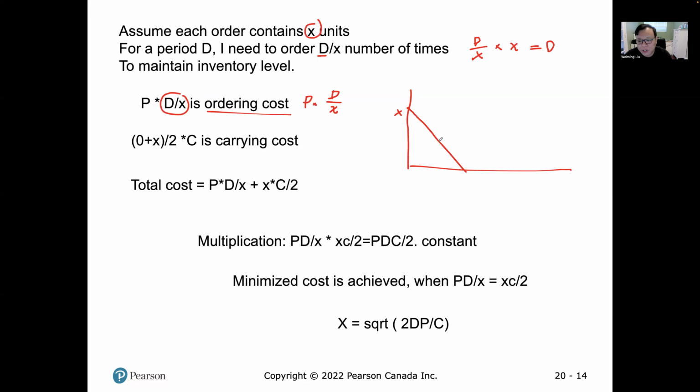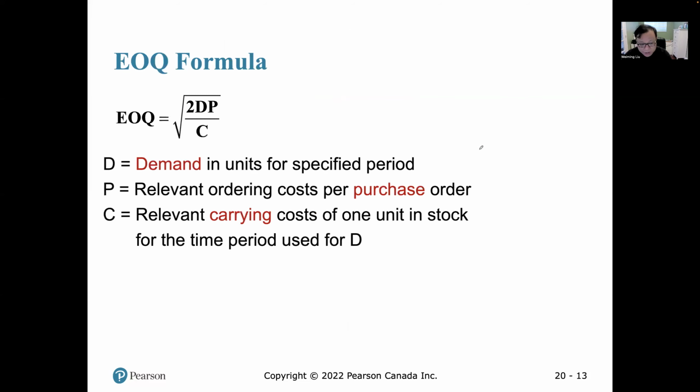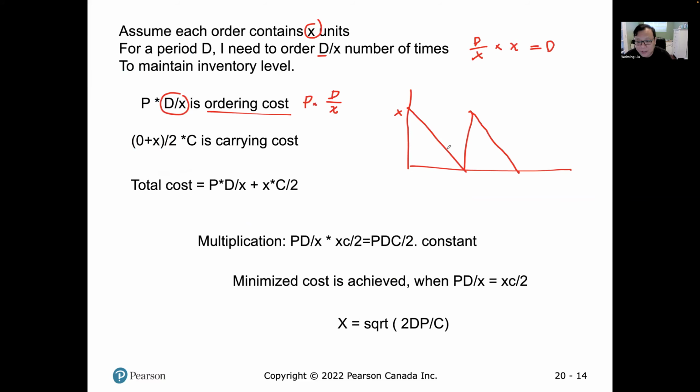If you ordered early enough, you get X again right at this time, and then you sell it and it comes down. So let's say you reorder here so that you can receive the new order right here. Every time, a new order is received.